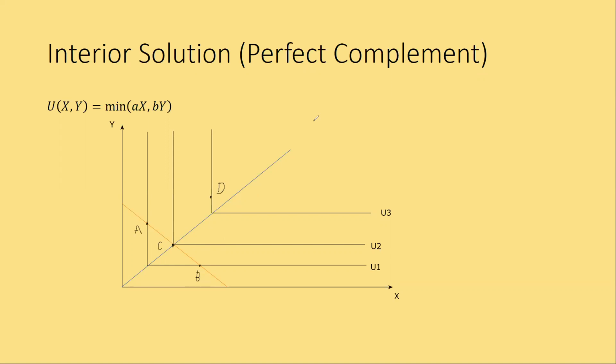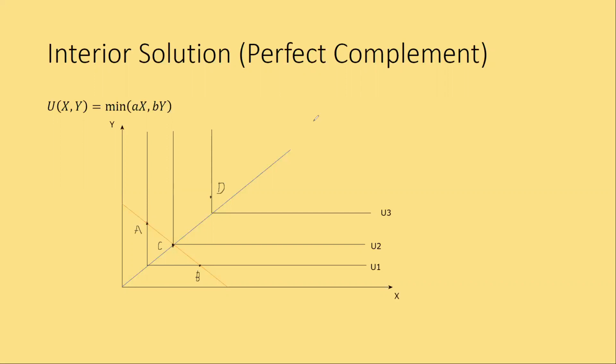Using very similar logic to what I used previously, we can argue that point A cannot be the optimal point, nor can point B, because we can find another point, point C, which is also on the budget line and so is within the budget constraint. By consuming point C, the consumer will get a utility of U2, which is higher than U1.